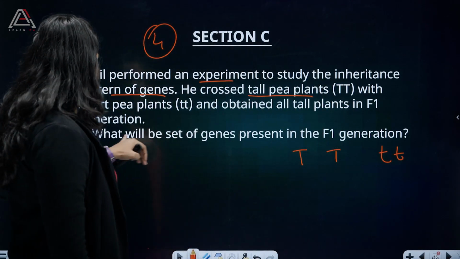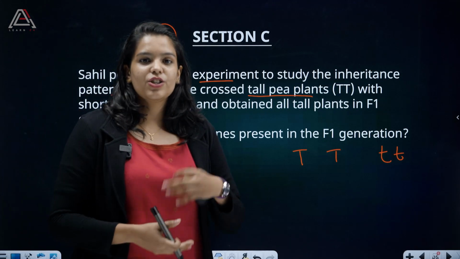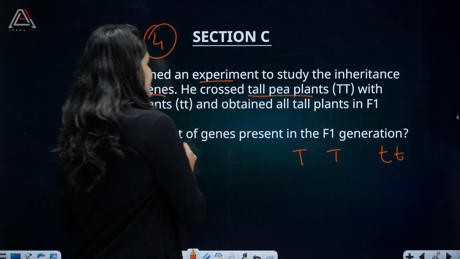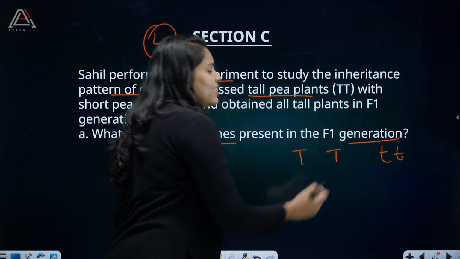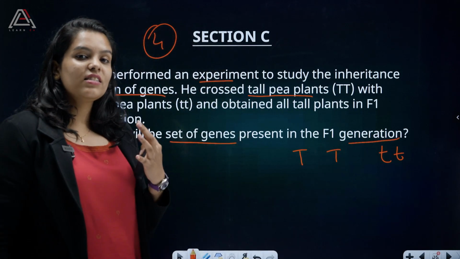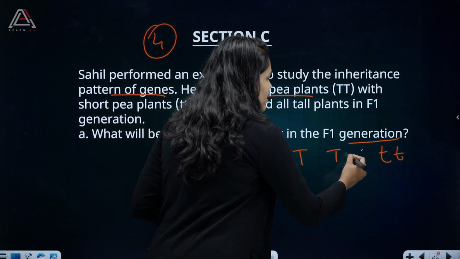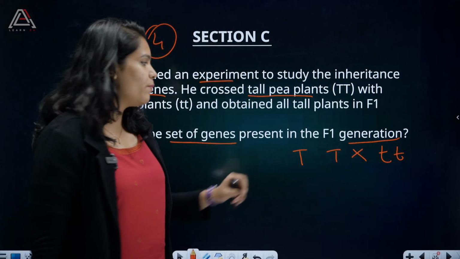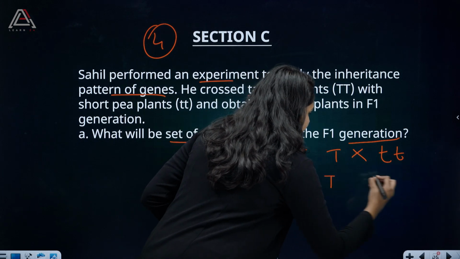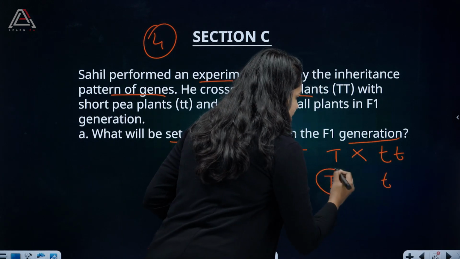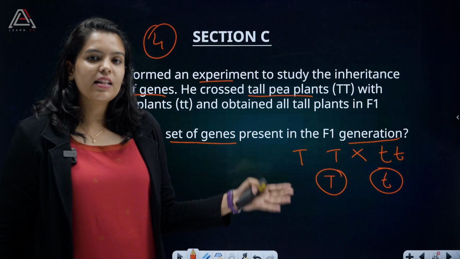Okay, so in the first part of this question they are asking what will be the set of genes present in the F1 generation. So when we are crossing this tall pea plant with the short pea plant, we will be getting these two gametes, right? A capital T and a small t.